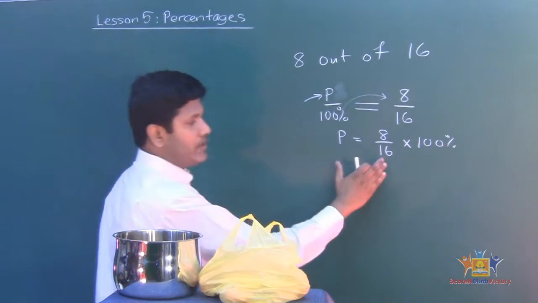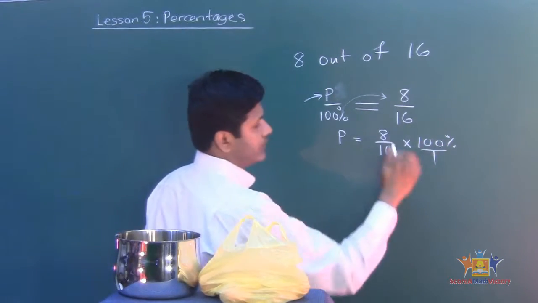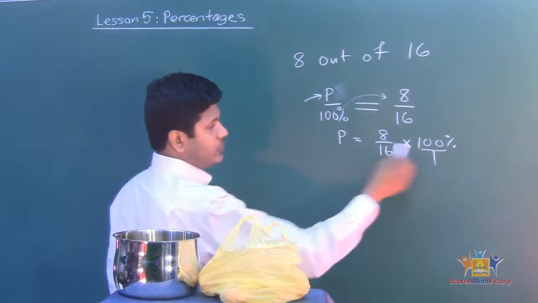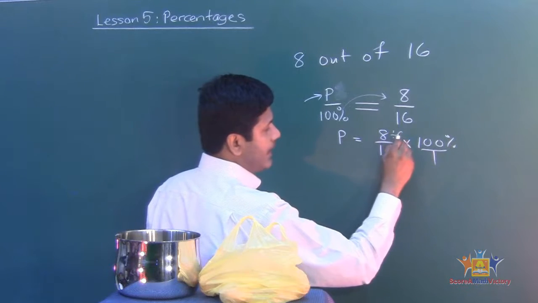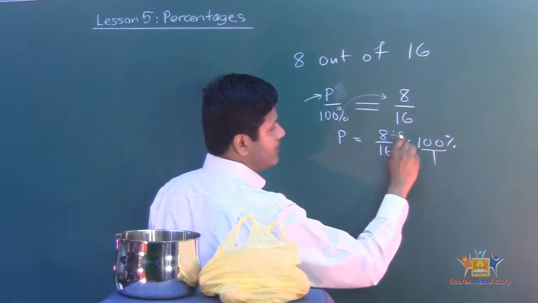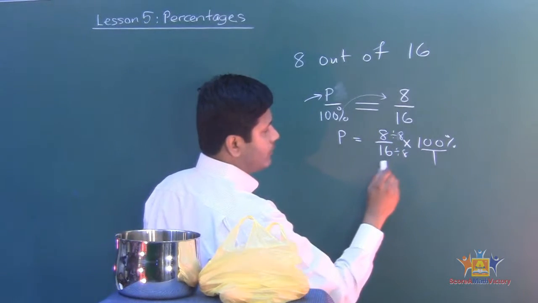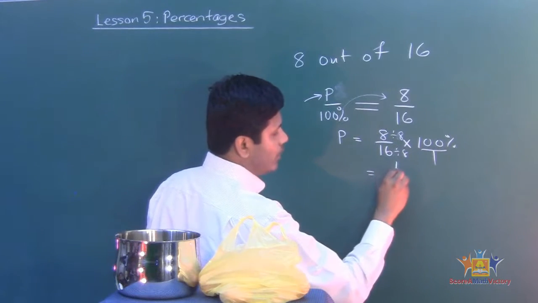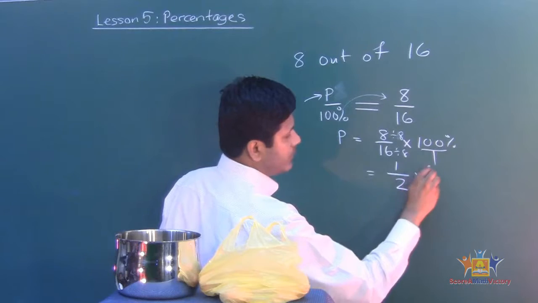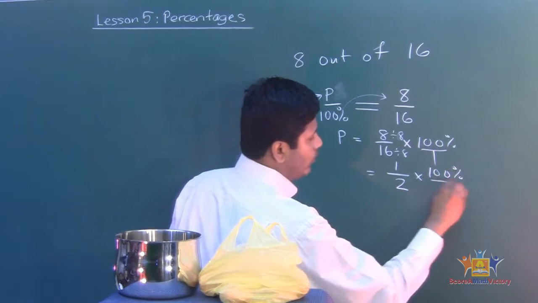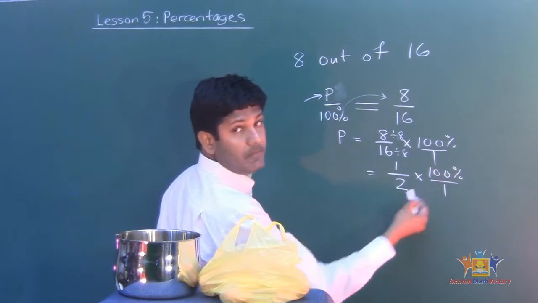Whenever you have a fraction, always put over 1. So keep that as a fraction. Let's simplify. Look at that, we can simplify this way. I can divide this by 8, and I can divide this by 8. 8 divided by 8 is 1, 16 divided by 8 is 2, times 100% over 1. Now I can simplify this way.